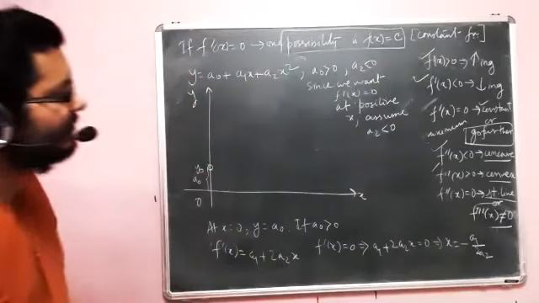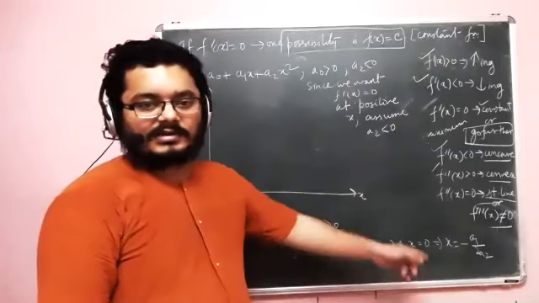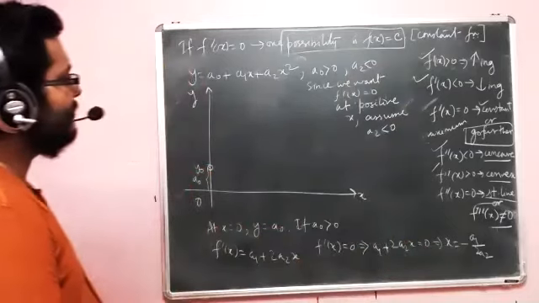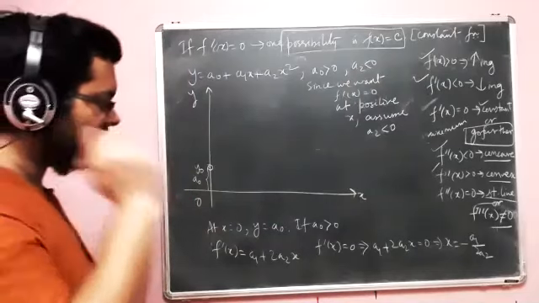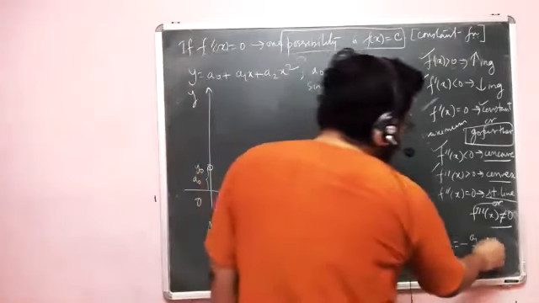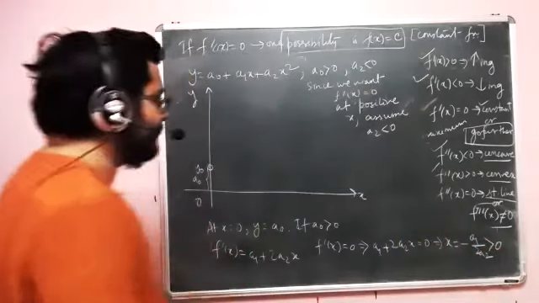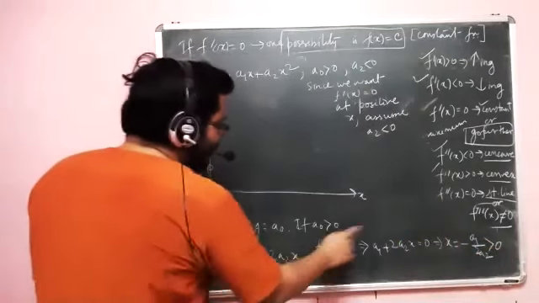There is no harm in assuming a1 also as negative, but that will just change the scenario. So if a2 is negative, this is positive. But since it is 0, we have to go further.